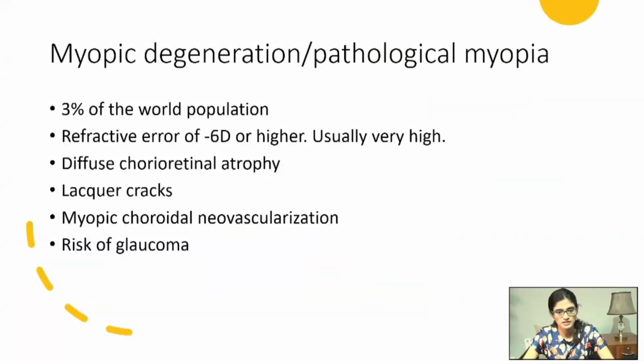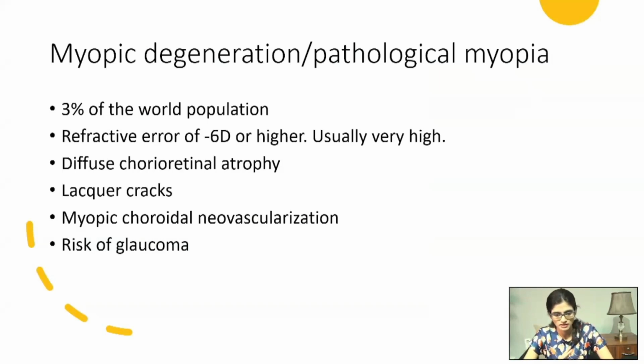So there is atrophy, diffuse or patchy cracks that can appear just beyond the neurosensory retina, and there can be bleeds and associated neovascularization. These can also, especially the atrophy and the neovascularization, later cause scarring and blindness.